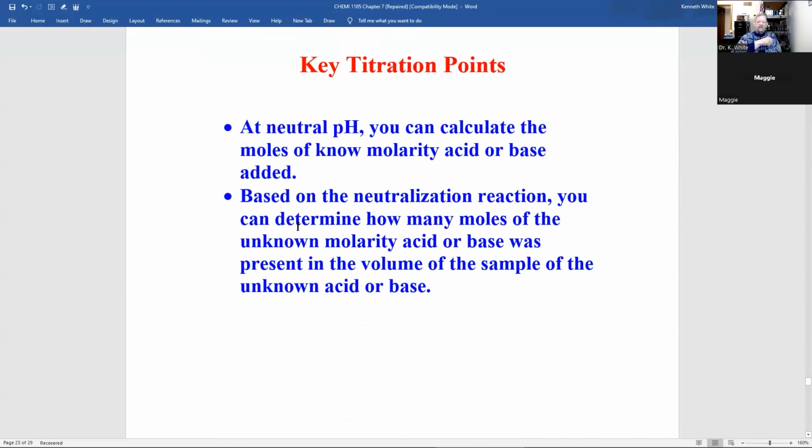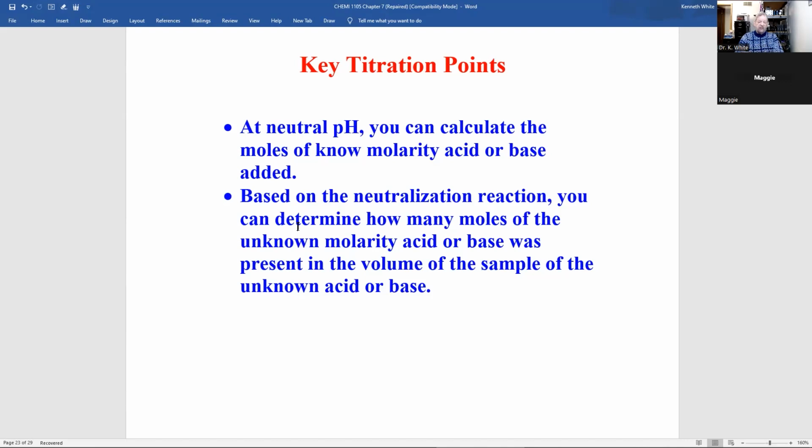Now, key points, titration points. At neutral pH, just when the indicator changes color, you can calculate the moles of the known molarity acid or base. Based on the neutralization reaction, you can determine how many moles of an unknown molarity acid or base was present in the volume of the sample.